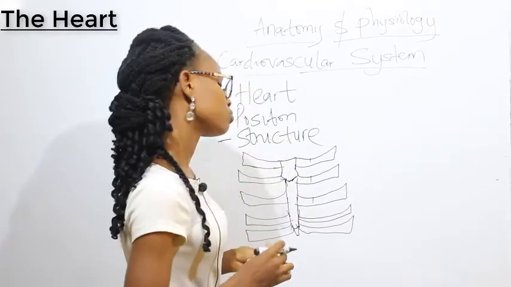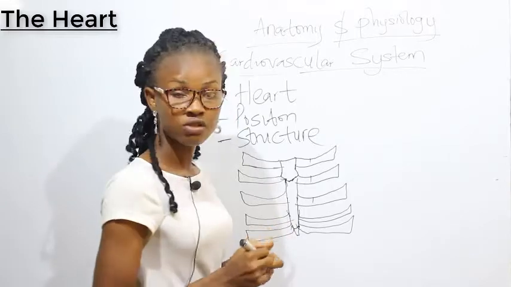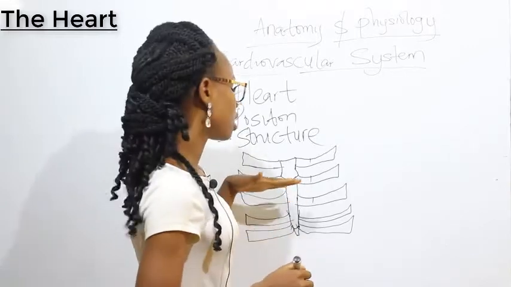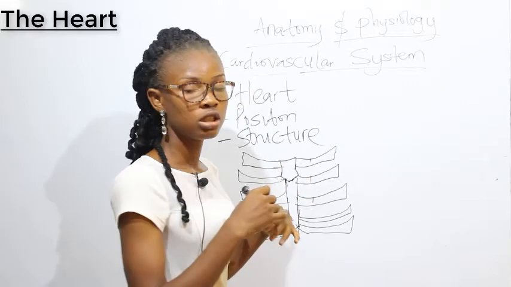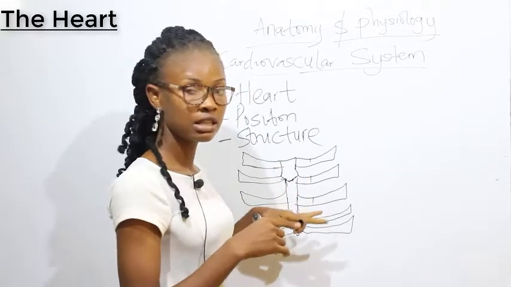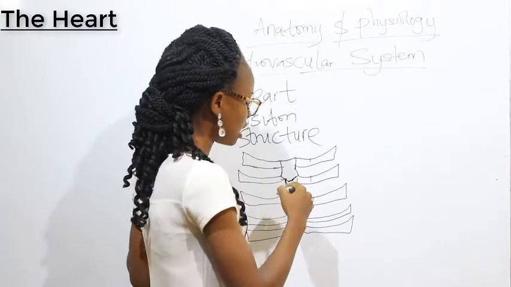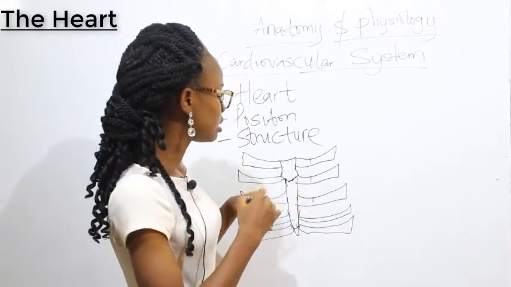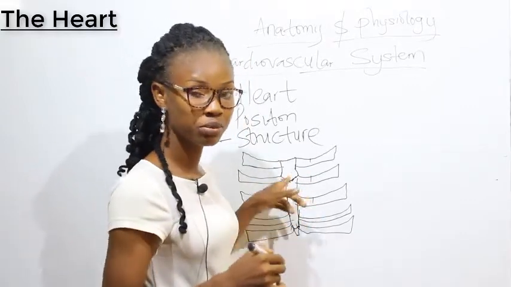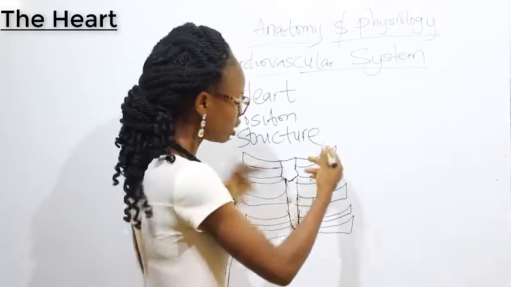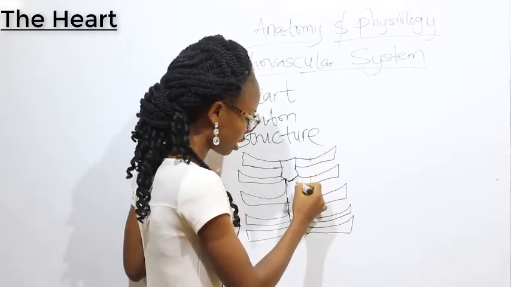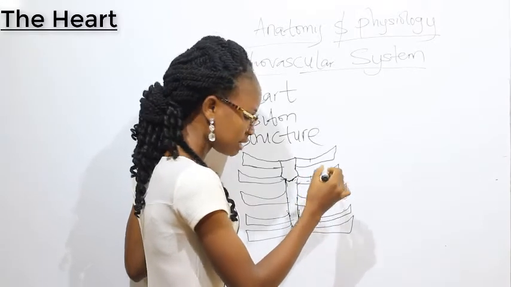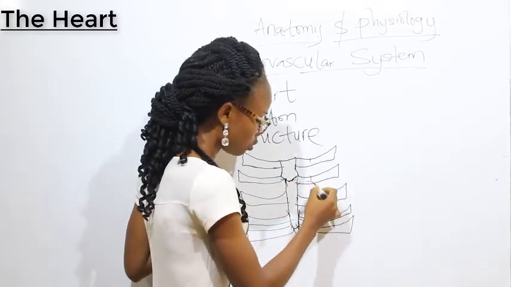So we'll say that the base of the heart is at the superior surface, and the inferior part of the heart, that's the apex, lies on the diaphragm, and the base is towards the second rib. If this should be my second rib, the heart should be somewhere here, and the apex at the fifth intercostal space.